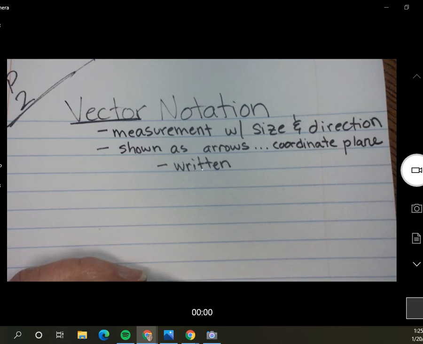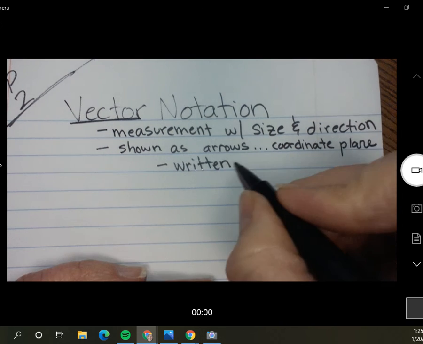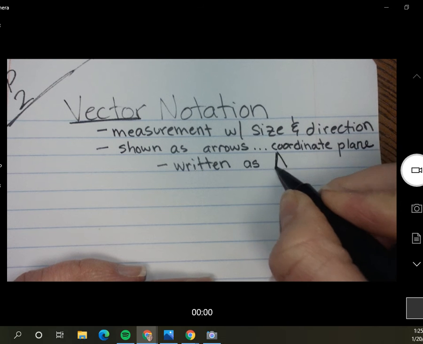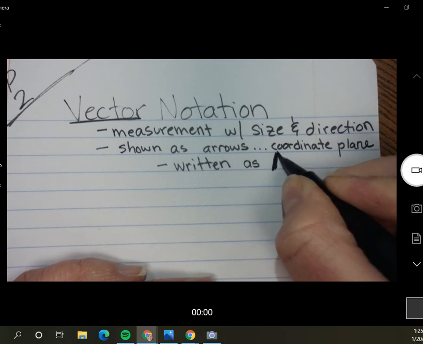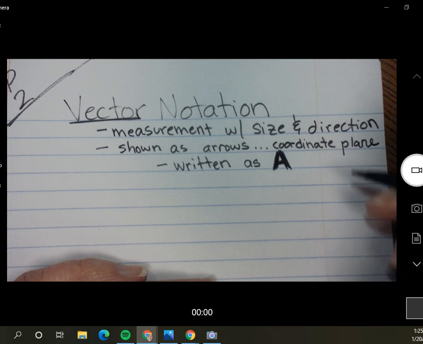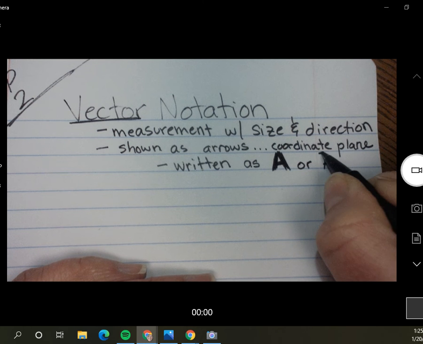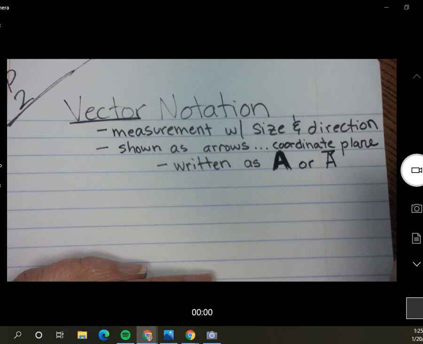Not always an A, whatever letter we are thinking about. So it might be a bold A like this. That's kind of hard to do when you're just writing in your notebook, so sometimes it will be an A, or whatever letter, with an arrow over the top.